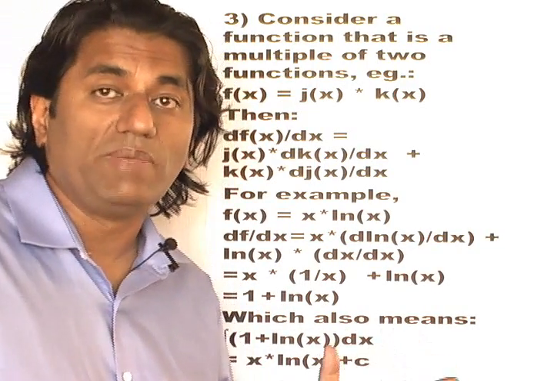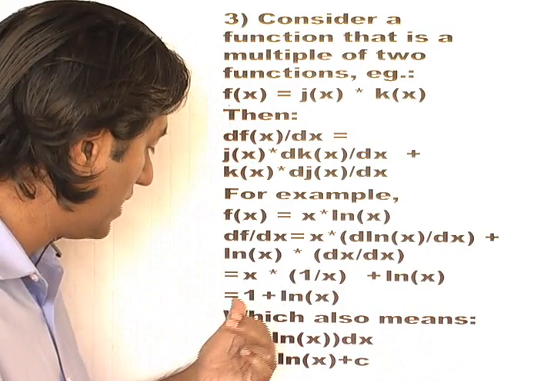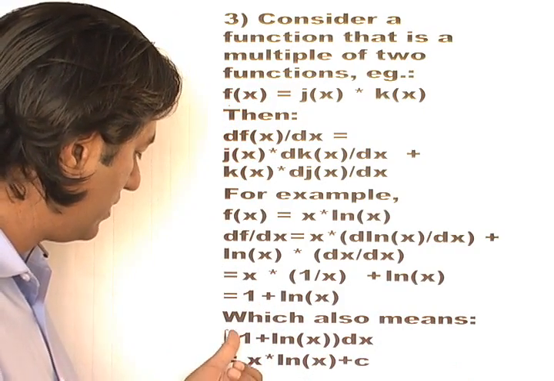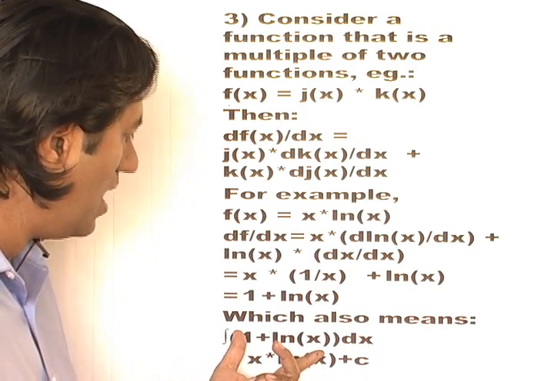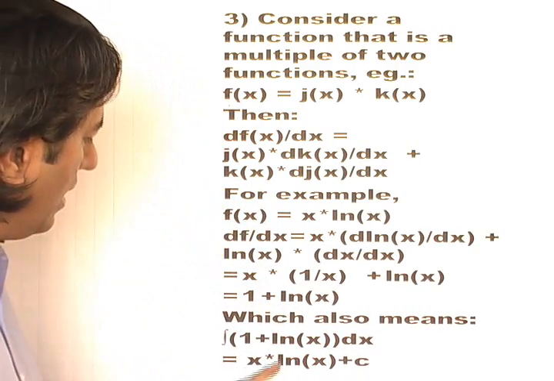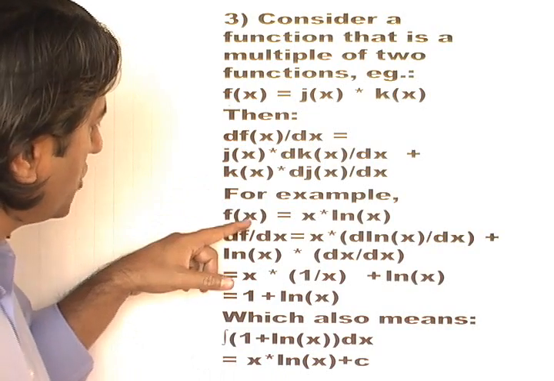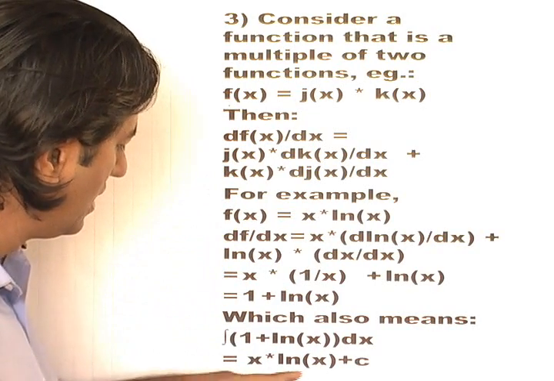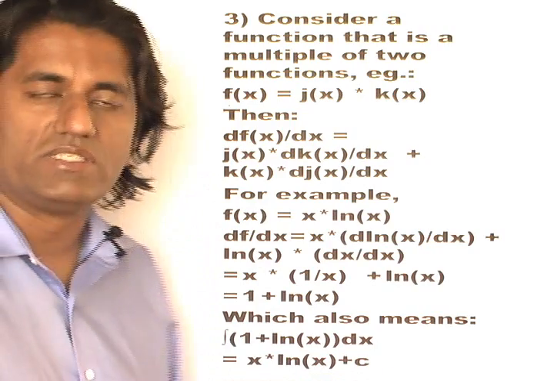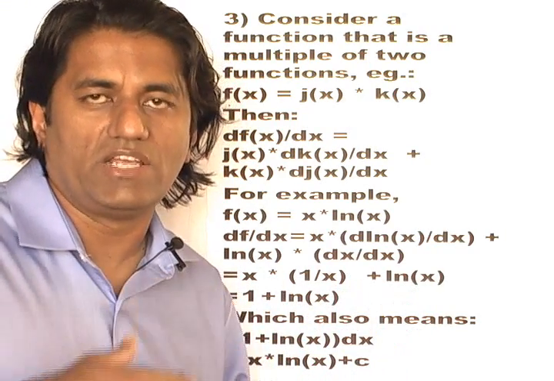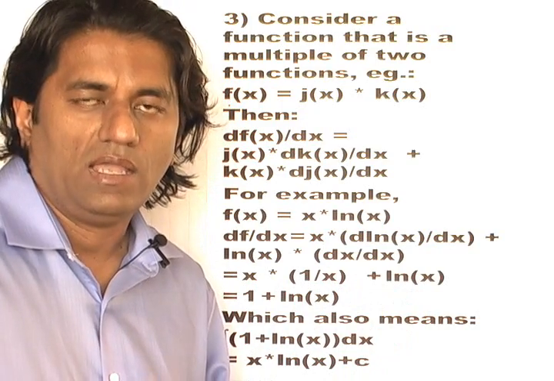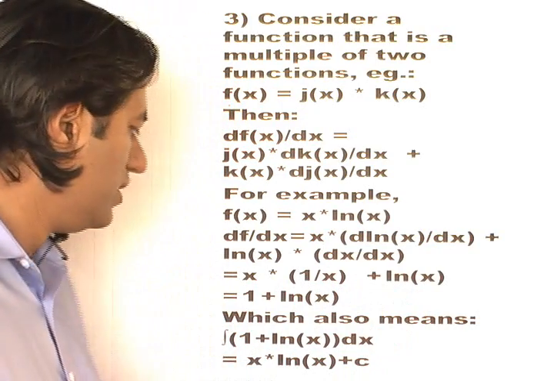And this also means that if you wanted to integrate this, the integral of 1 plus log x dx would equal the function f(x) plus a constant c. We had discussed earlier that integration and differentiation are reverse operations.